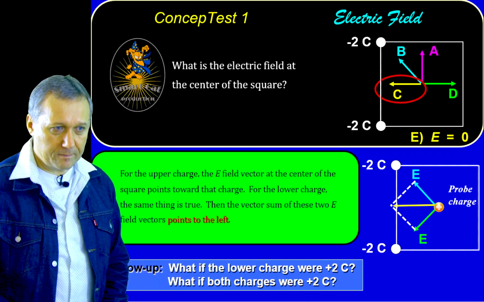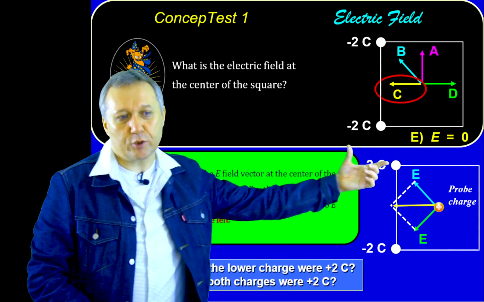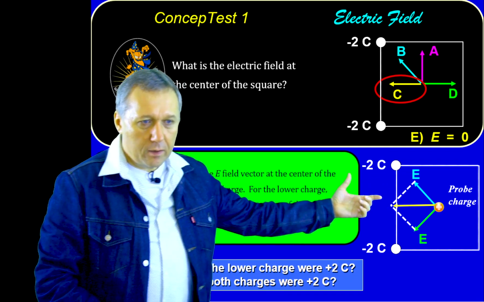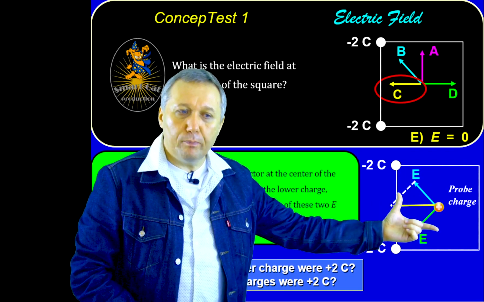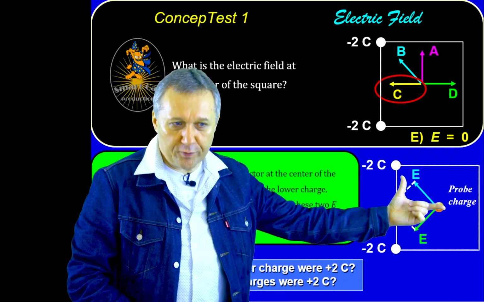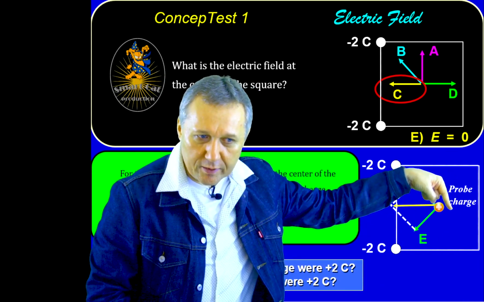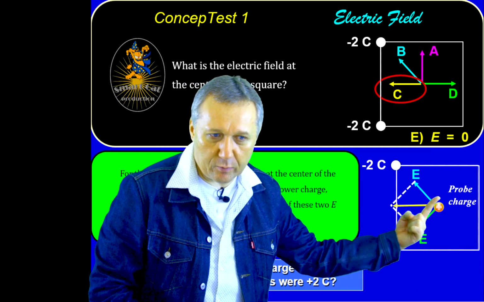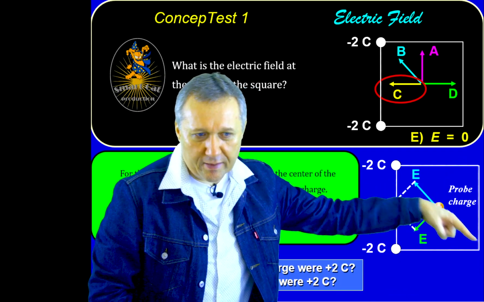You see that? Now, if you change both of these charges with +2 coulombs, then of course the green one will be flipped, and also the blue field will be flipped, and now it would point that way. So now the green field will be somewhat that way, blue that way.